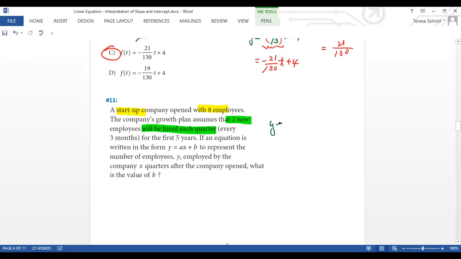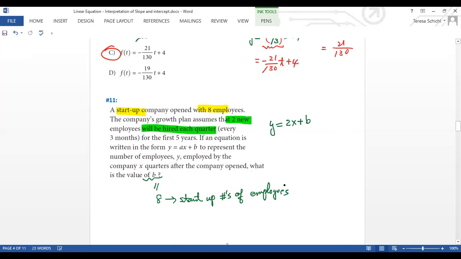So if I write this equation, it equals 2x plus b. So what is the b value here? The b value is equal to 8. What is the meaning of that? That means it is the initial value. This is the startup, the number of employees here.